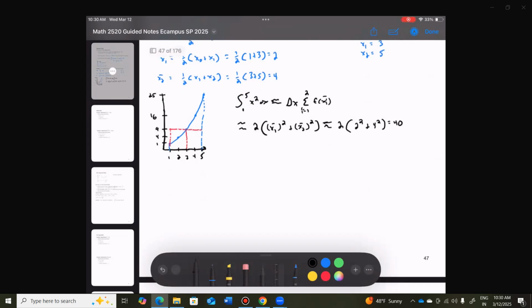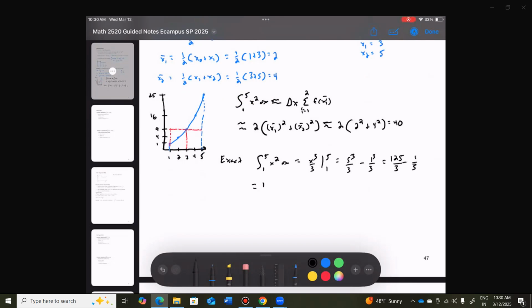So let's look at what it would be exactly, because this is an integral we can do. We take the antiderivative, you get x to the third over 3, integrate this from 1 to 5. So this would be 5 cubed over 3 minus 1 cubed over 3, which is 125 over 3 minus 1/3.